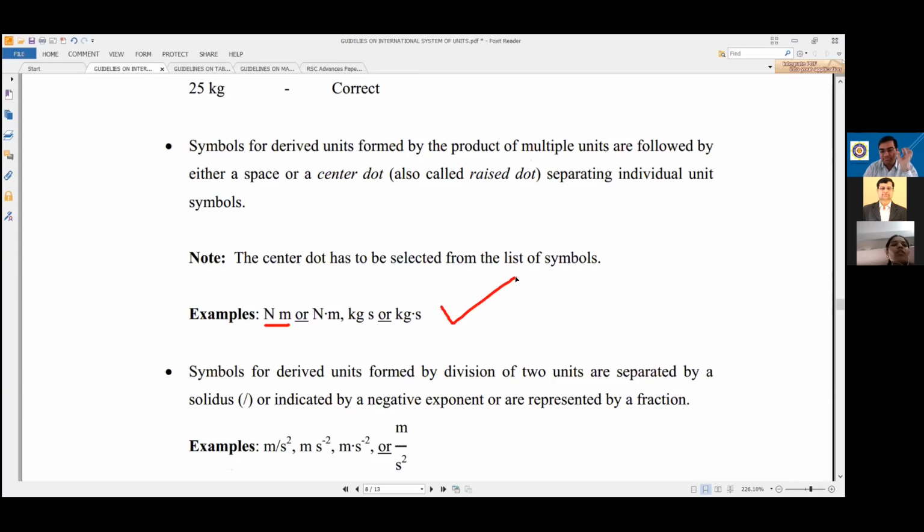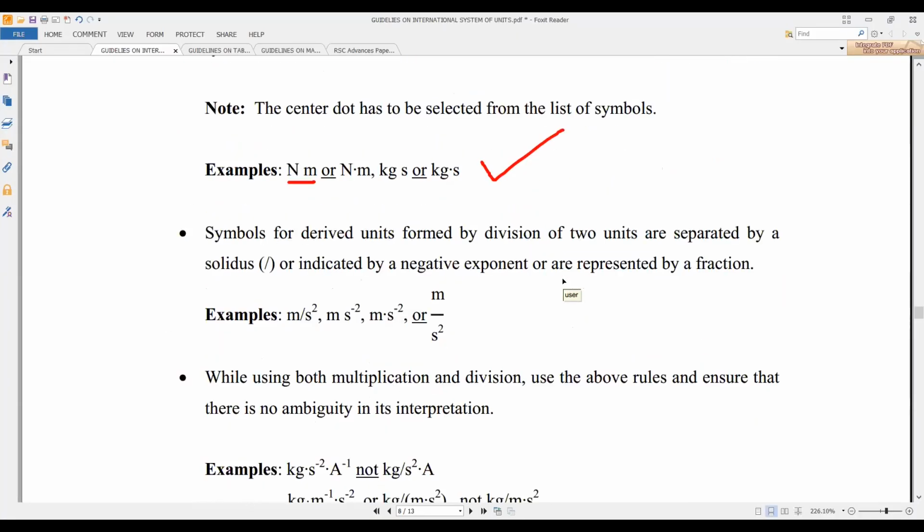Got it? Next. Symbols for derived units formed by the division of two units are separated by a solidus, or indicated by a negative exponent, or are represented by a fraction. Right? All three methodologies can be used.